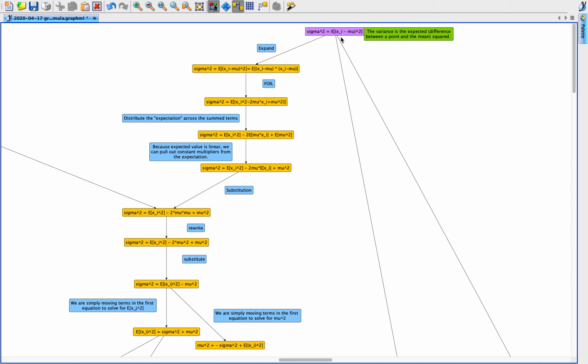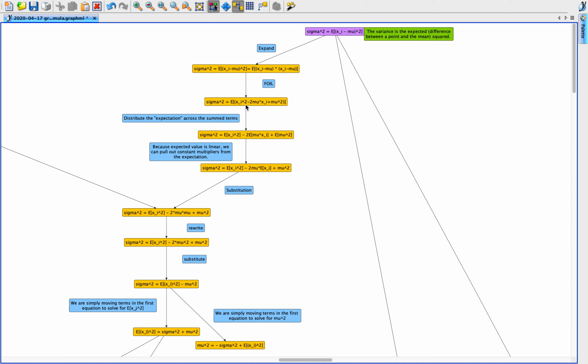So the way we do that is first we just expand, right? So xi minus mu squared is equal to xi minus mu times xi minus mu. So we're just expanding here, and then we can FOIL.